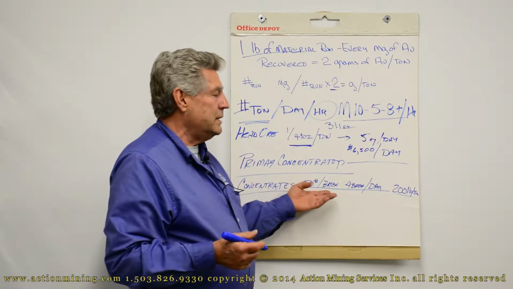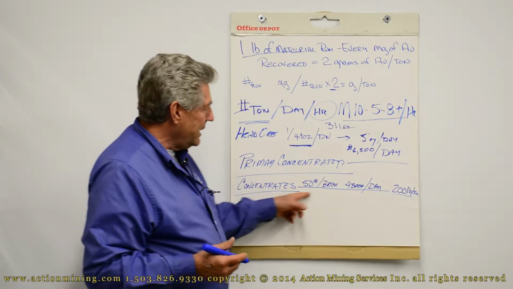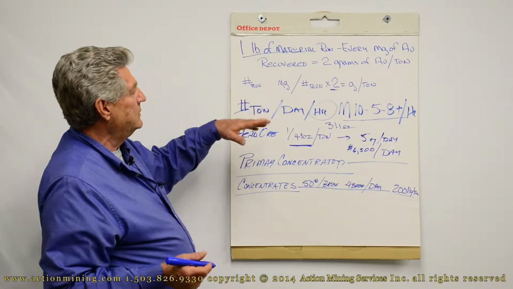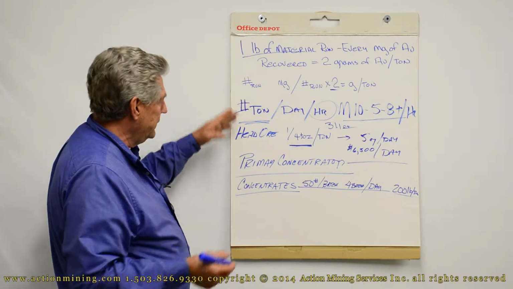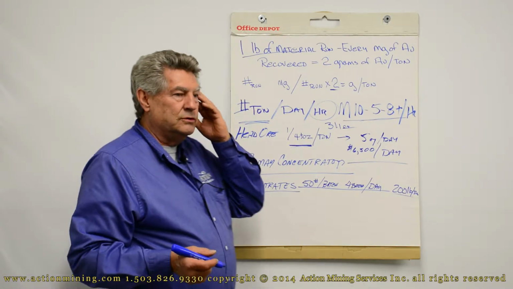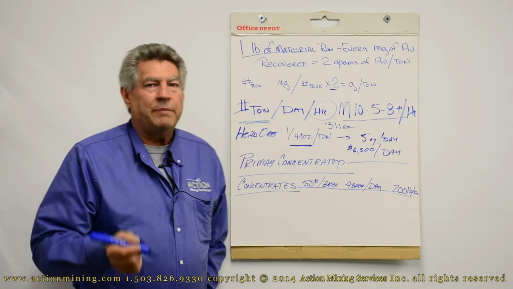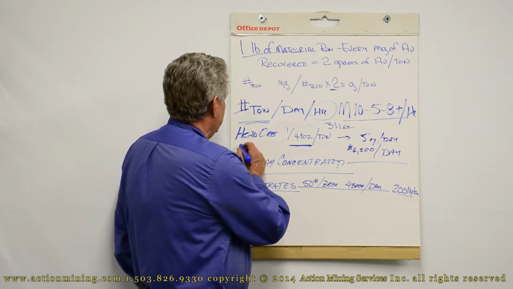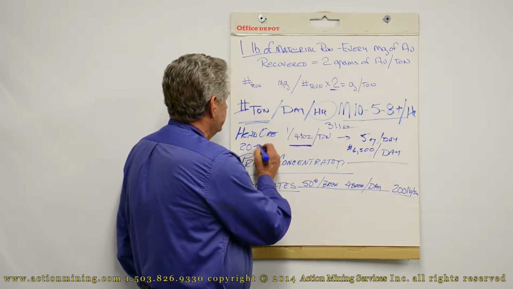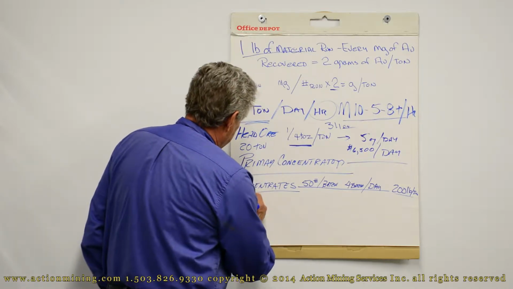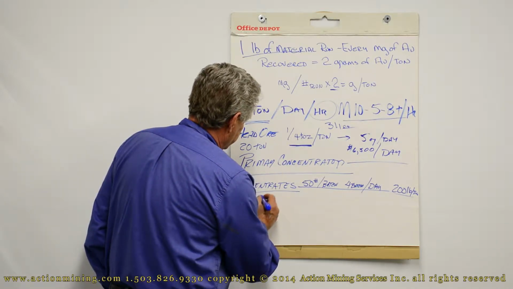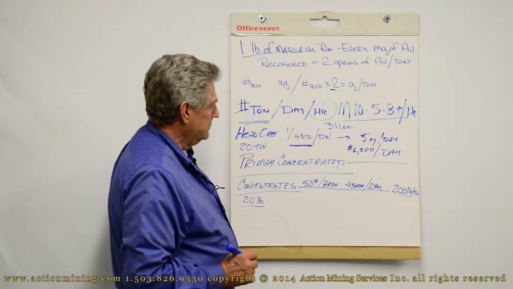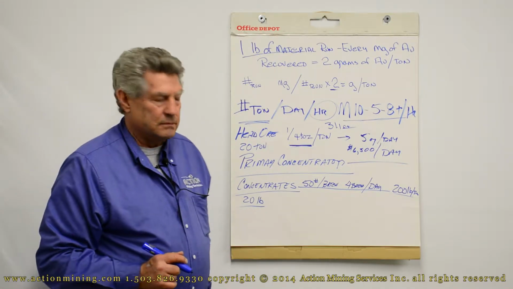I am not going to get as much concentrate as I can run. In other words, just because I could run 20 tons down to 20 pounds, which you could if you wanted to, that's about a 2,000 to 1 con.